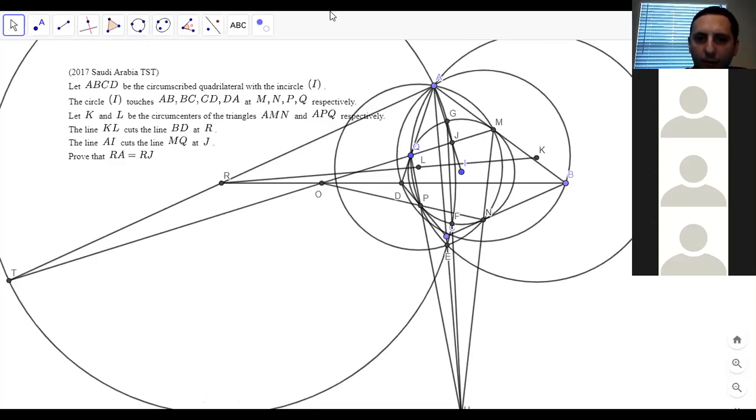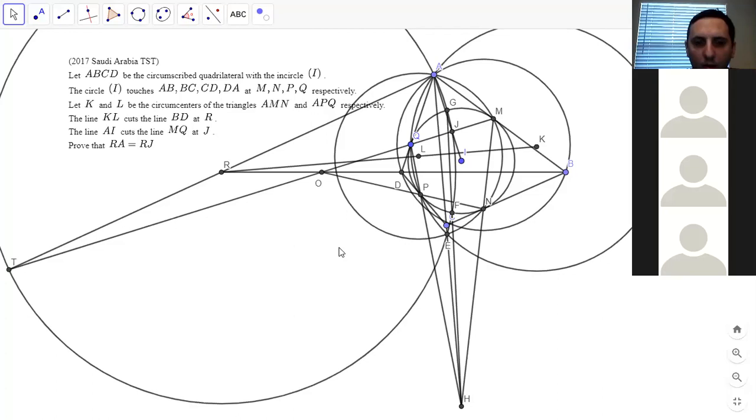But we don't have any info on R. Yeah, we need to use that L is the circumcenter of AMN and K is the circumcenter of AQP. The circumcenters aren't really important. It is more that R is the intersection of the perpendicular bisector of AE. Yeah. Oh, that's true. Maybe it's worked around the midpoint of AE.